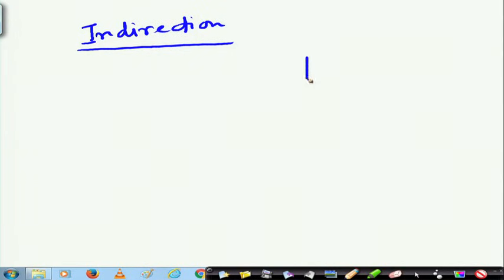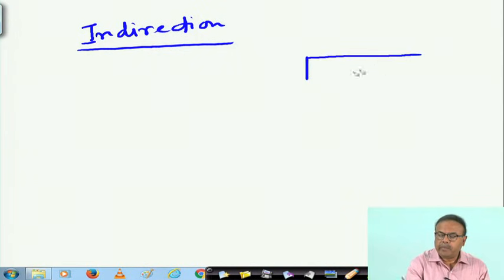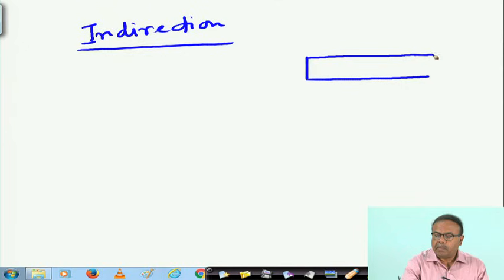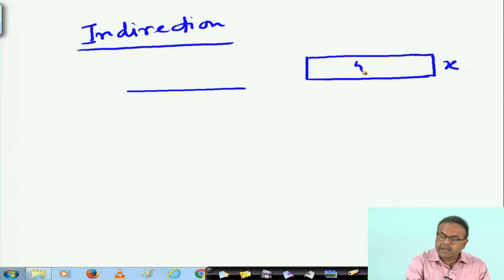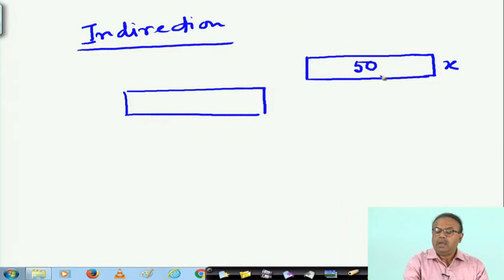So, in our case we have a particular variable, let me just call this variable x, and that x has some value. x also has an address, but I am not saying what the value of x is.